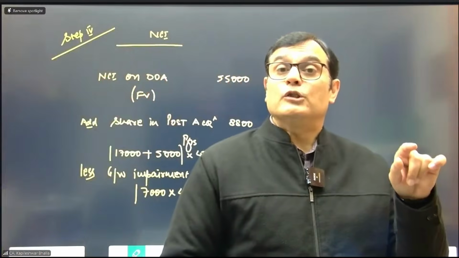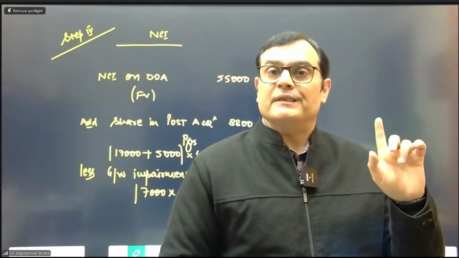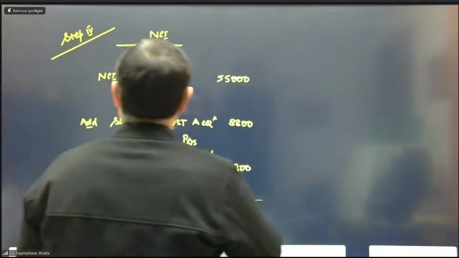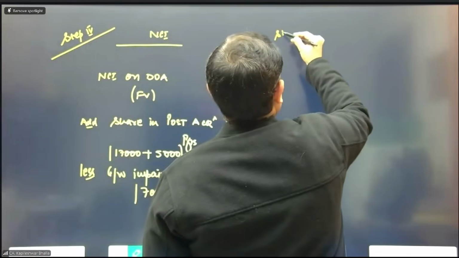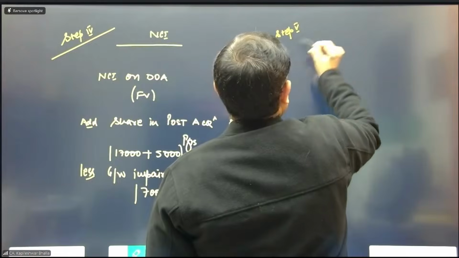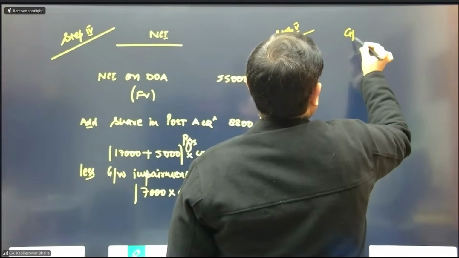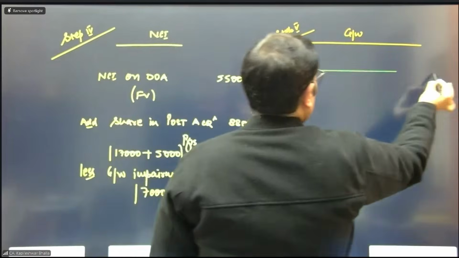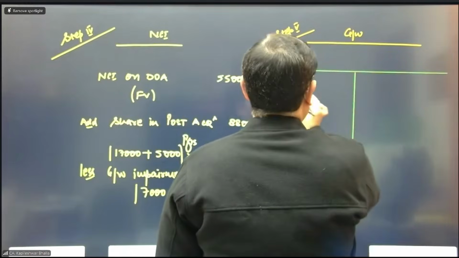Now comes step 5, that is on the goodwill. We need 2 goodwills now, for the subsidiary and for the associate. So step number 5, we need goodwill or the bargain purchase gain. This is going to be calculated for both the companies.